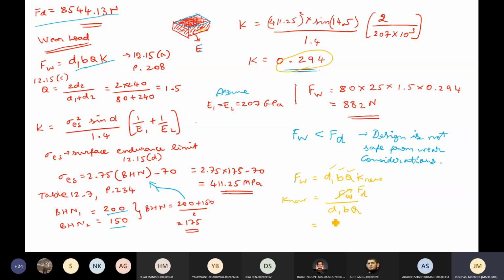So this comes out to be 8544.13 by d1 is 80. This is 25 and this is 1.5. So this is the new value of the surface endurance limit that we need in order for the gears to function properly.